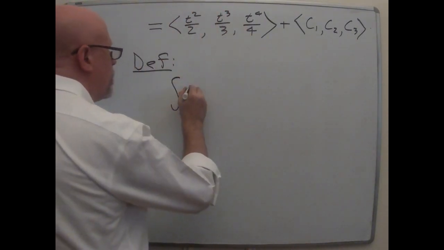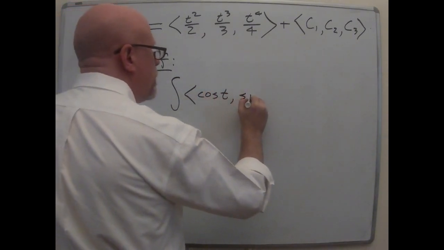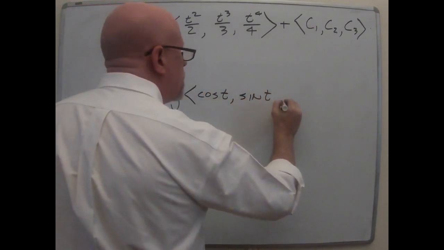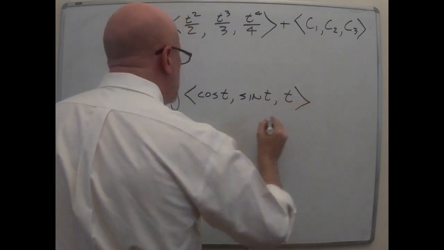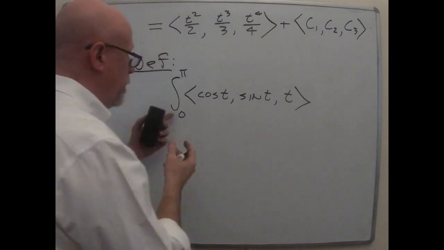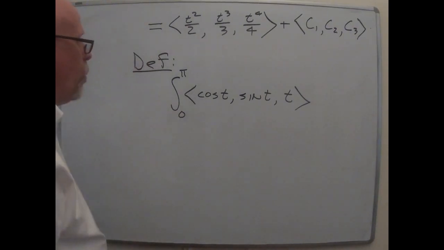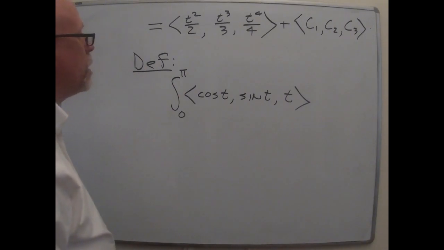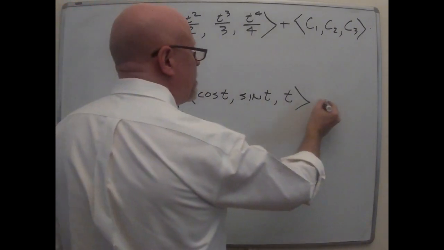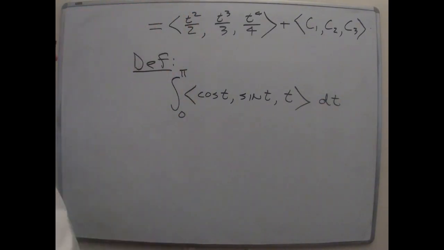The integral of cos t, sine t, t, and we will take that from 0 to pi. A definite integral needs to have limits, so a lower limit and an upper limit. Whoops, I left off the tail of the thing. You're always supposed to say d something at the end. In this case, it's dt.